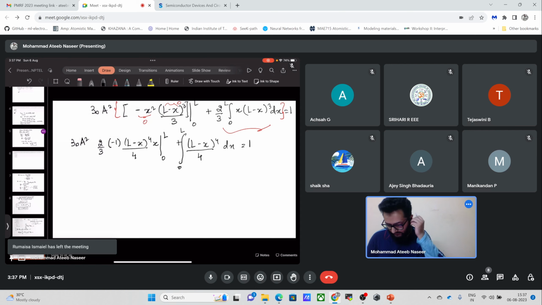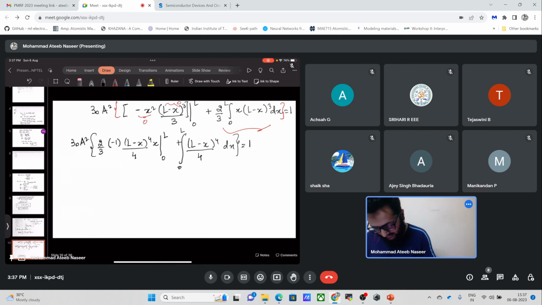If I put the values here, at x equal to L this will be 0, and at x equal to 0 this will be 0, making this whole expression equal to 0 again.